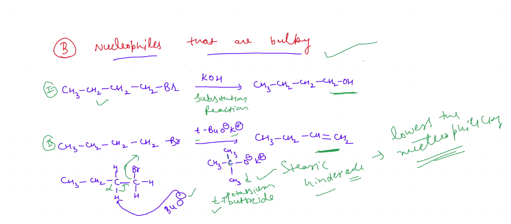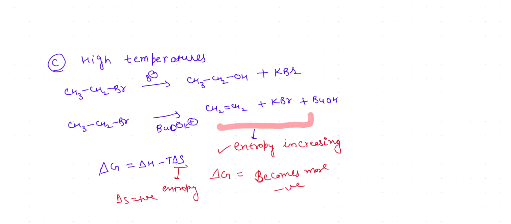The third one is high temperature. How does high temperature prefer elimination reactions over substitution reactions? In both cases, we have taken a primary alkyl bromide. In this one, OH negative is taken as the base.